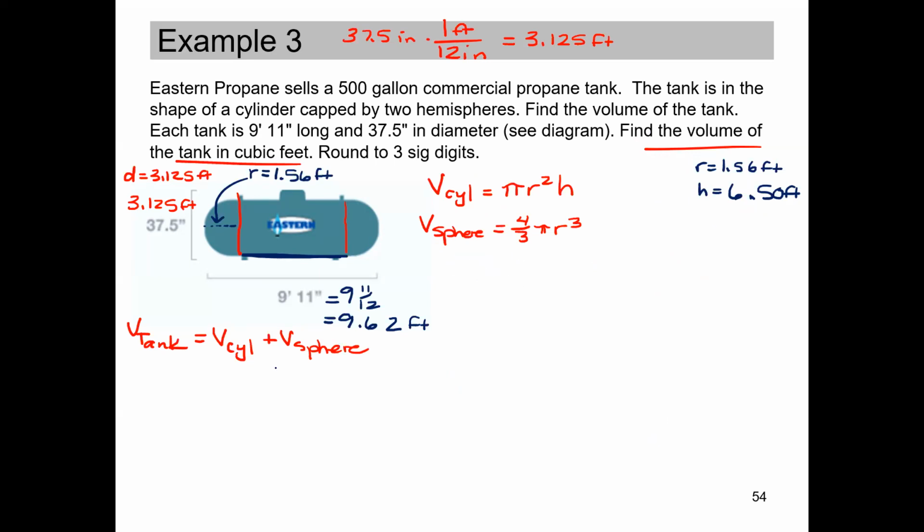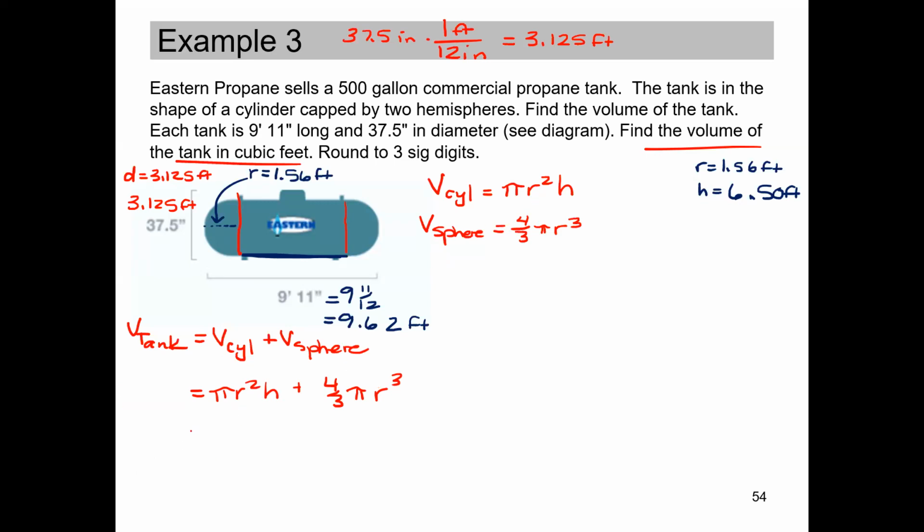Okay, so now I've got the height and I've got my radius. So let's go down here and plug in. Our volume of our cylinder we know is pi r squared h, plus 4/3 pi r cubed for the volume of a sphere. Before you just write it like this, make sure that your radii refer to the same measurement, which it does in this case.